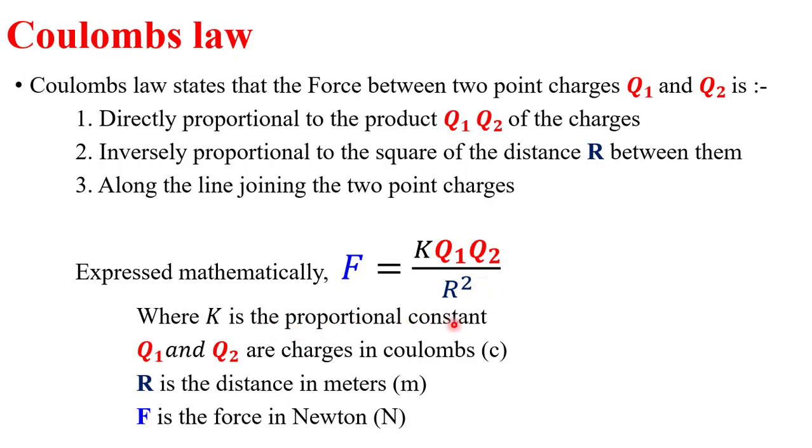K is the proportionality constant, Q1 and Q2 are the charges expressed in coulombs, capital R is the distance between two point charges expressed in meters, and F is the net force in newtons.